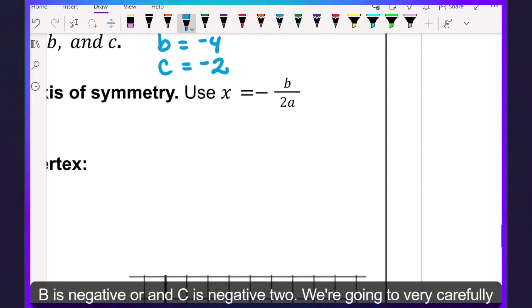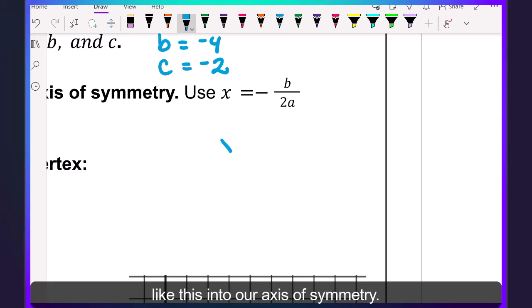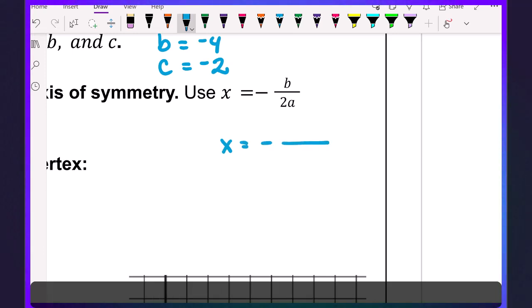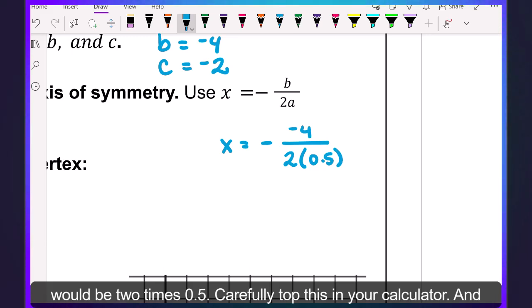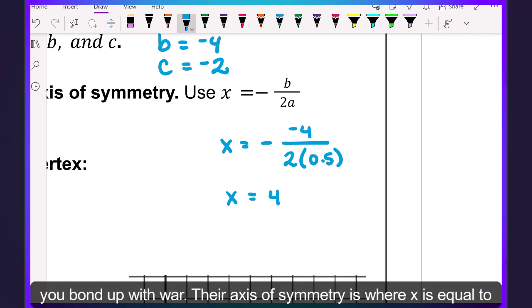We're going to very carefully plug this into our axis of symmetry. B is -4, and then 2 times A would be 2 times 0.5. Carefully type this in your calculator and you wind up with 4.